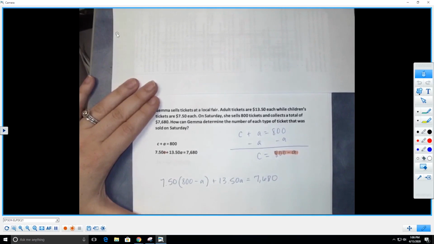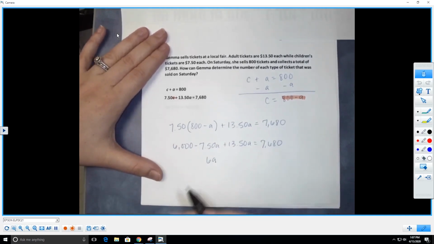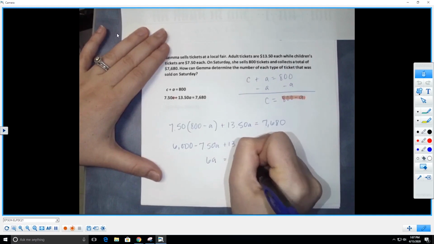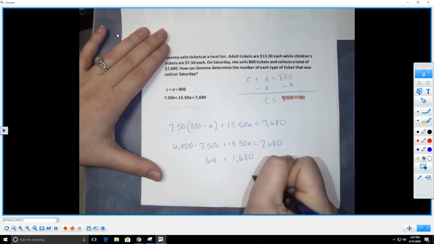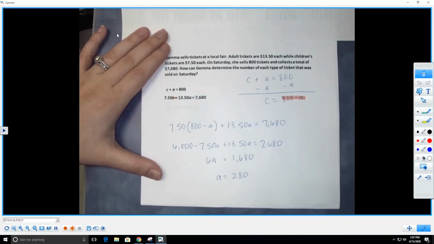Now we're going to simplify, and we get 600,000 minus 750A plus 1350A equals 7,680. We're going to combine like terms, so we get 600A, and then I'll move this over all in one step. So I get 600A equals 1,680. After dividing by 6, I get that A is equal to 280.